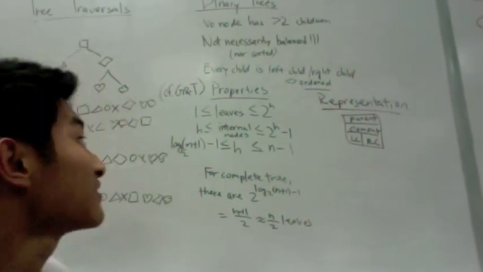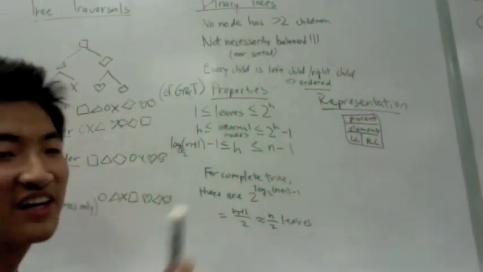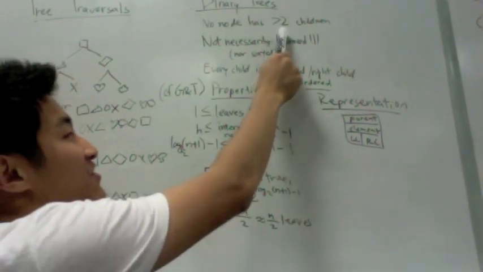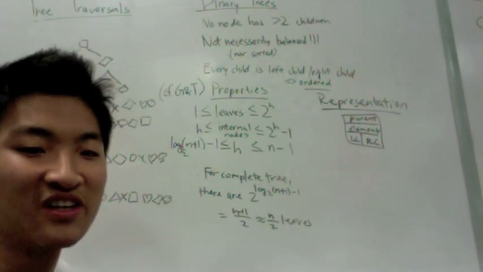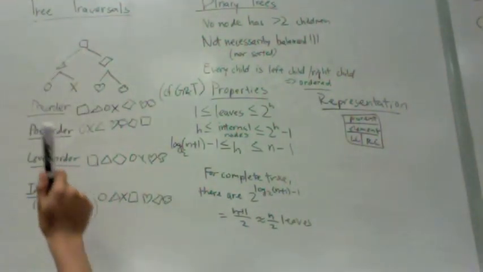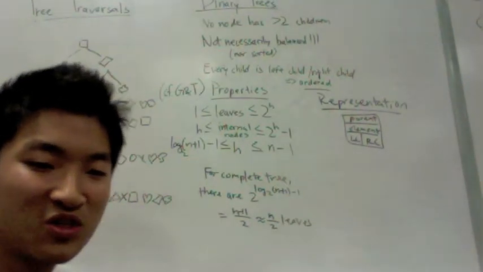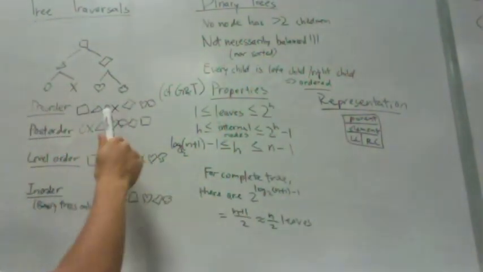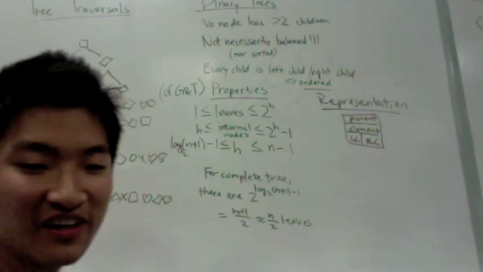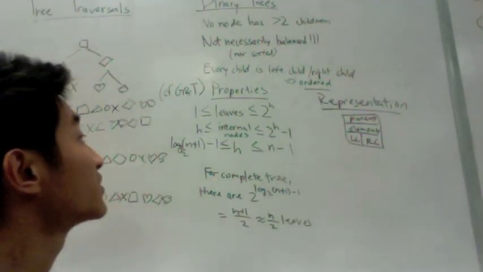And finally, we're going to talk about binary trees. And binary trees are special in that no node has more than 2 children. So I saw with the Sibtree representation that there could be more than 2 children, but binary trees, such as this geometric tree right here, can only have at most 2 children.